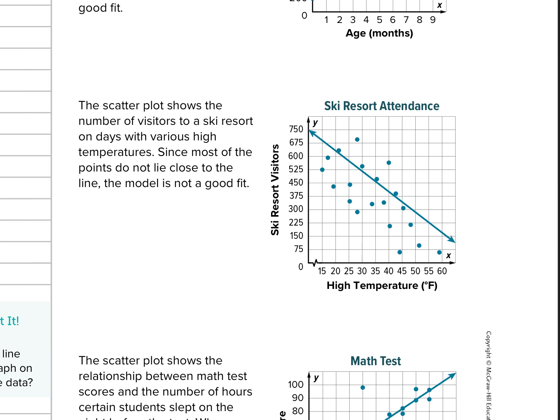It really seems that it's too high of a line. And if we were to redraw this line, I would draw this line coming more down like this, so you have more points on each side of it. So better distribution of points.